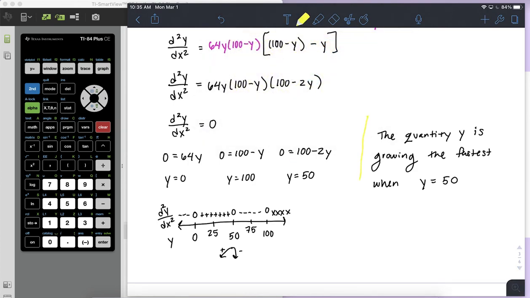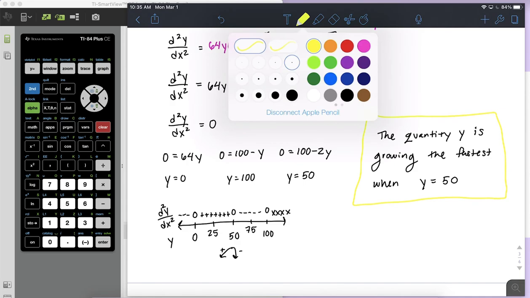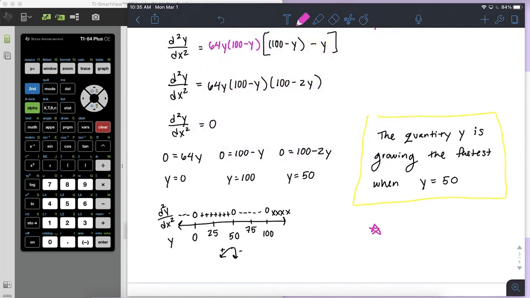Now notice what 50 is. 50 was half of the carrying capacity, that was 100 over 2. And that's actually a really important pattern to look at. So the quantity is always going to be growing the fastest. The inflection point always happens at the L over 2.